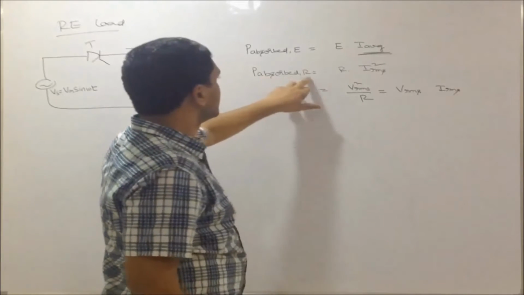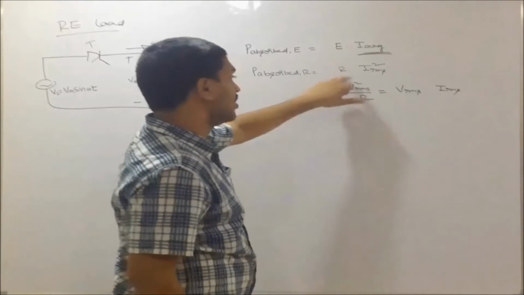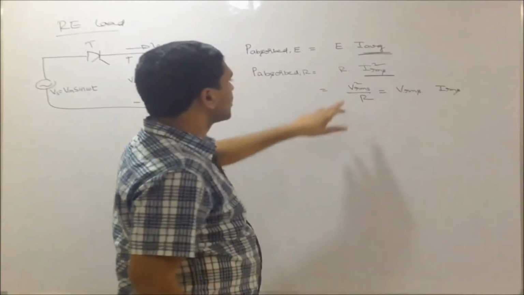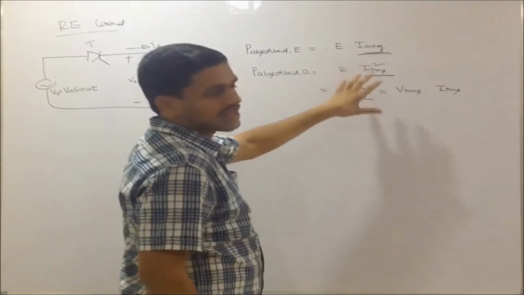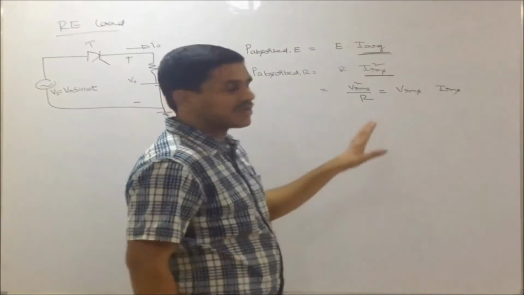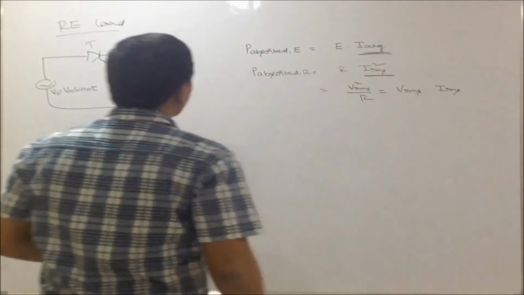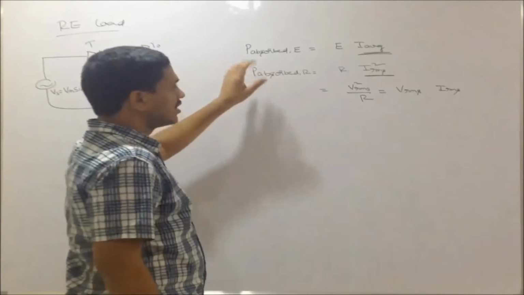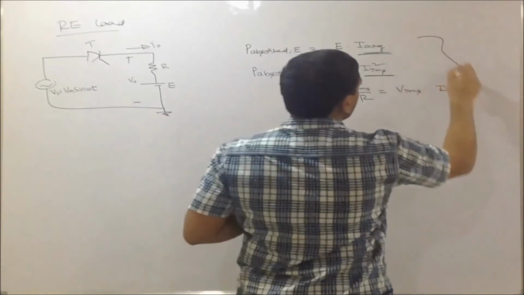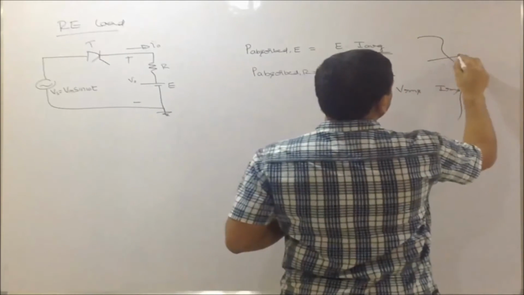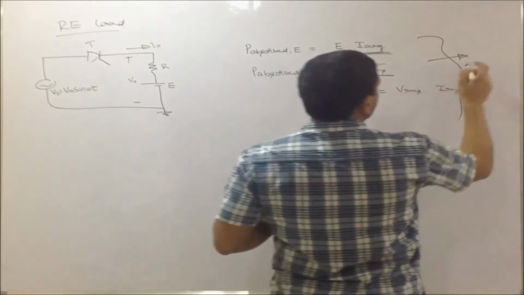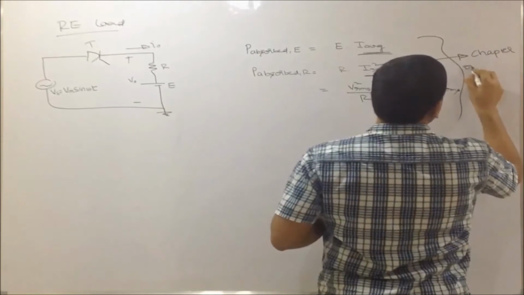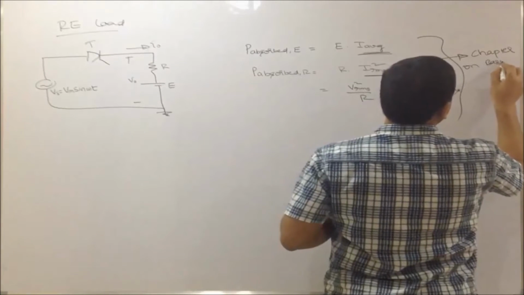Power absorbed by the resistor is the resistance value into the RMS current squared, which is equal to V RMS square by R. These conversions hold because V RMS equals I RMS into R in the resistor. So we don't discuss these things in the middle; just in the starting itself, if you want, you can refer to our chapter on basics, where all these things are discussed exhaustively.